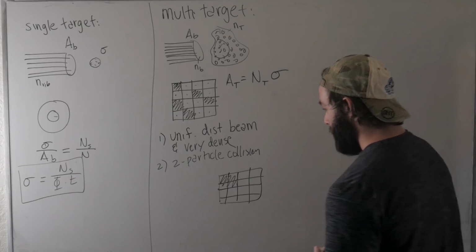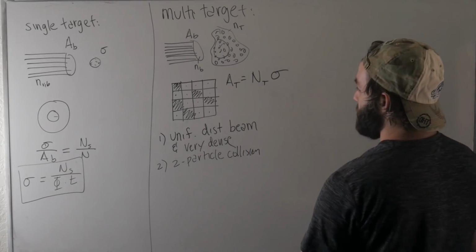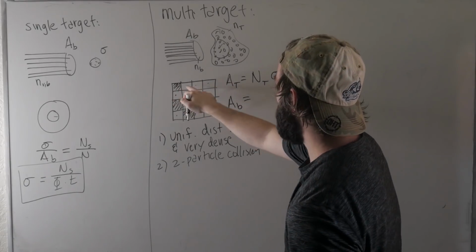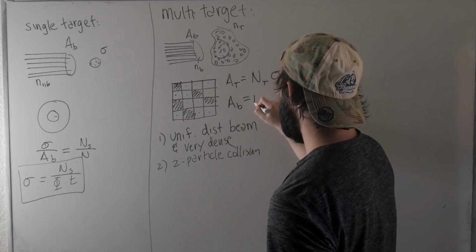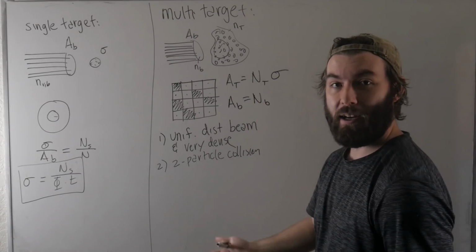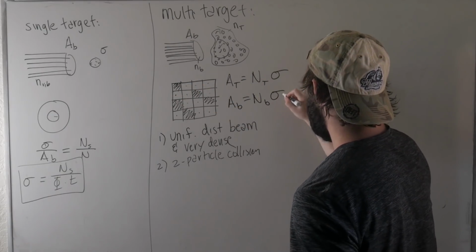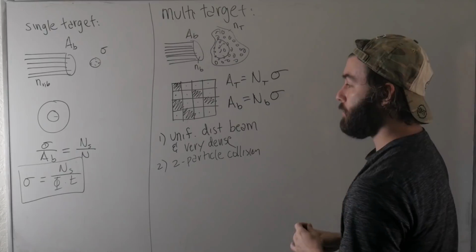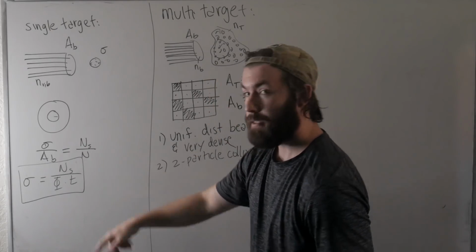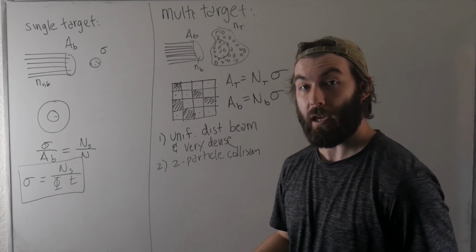Okay, under these assumptions, the area A sub t is equal to the number of beam particles here, which I'm going to index with an NB, and we'll talk about what this is in a bit, which was a big source of my confusion earlier this week, times the cross-sectional area again. Now this number of beam particles is not the total number of beam particles. This is not n. This is the number of beam particles on that cross-sectional area of the beam.